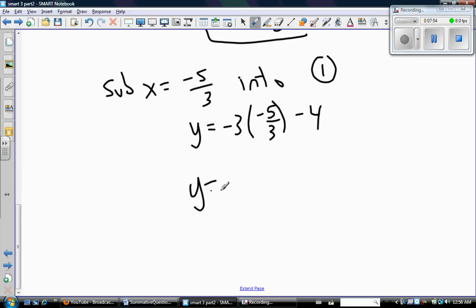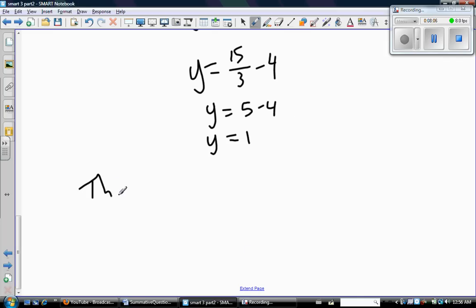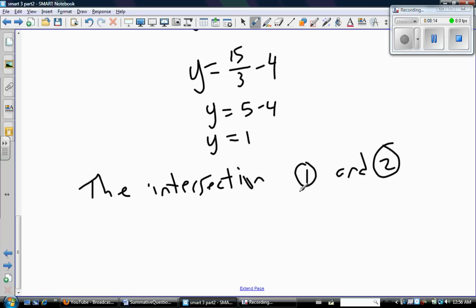So y equals negative 3 times negative 5 over 3, so 15 over 3, minus 4. Y equals 5 minus 4. Y equals 1. So the intersection of 1 and 2 is negative 5 over 3 comma 1.